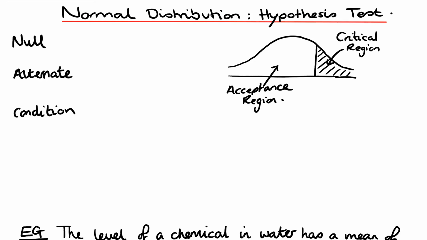So your null we write as H0, and that assumes that there is no change in the mean. And the alternate is denoted H1.